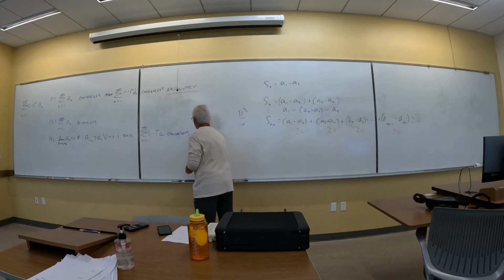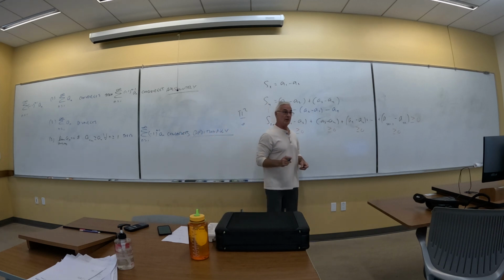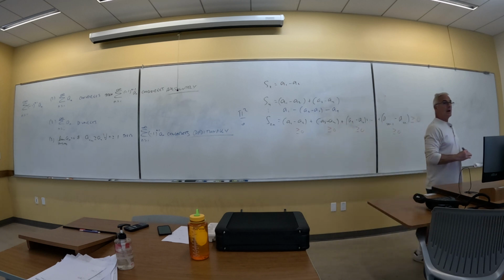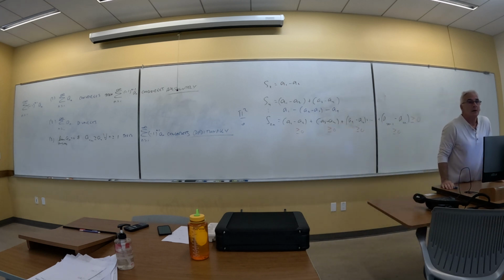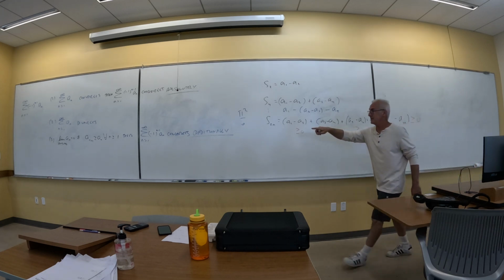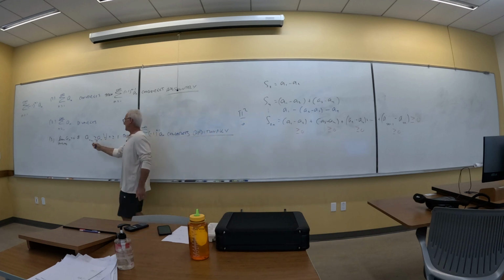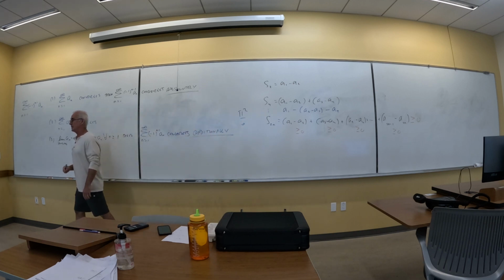We say it converges conditionally. And that's huge. A condition means if the condition is not met, it will not converge. It had to meet this in order to converge. So it's called conditional convergence.